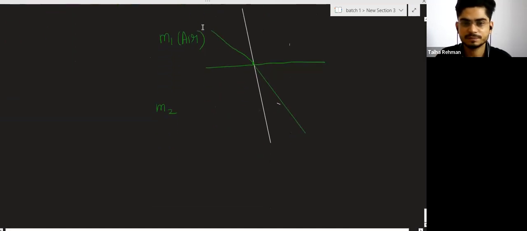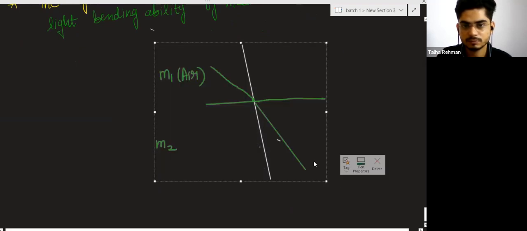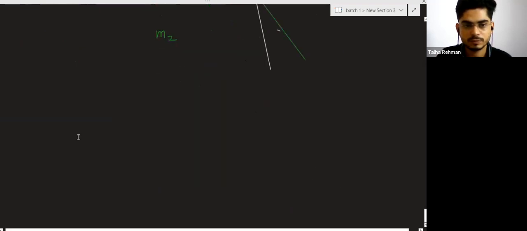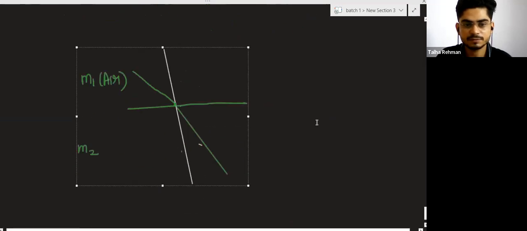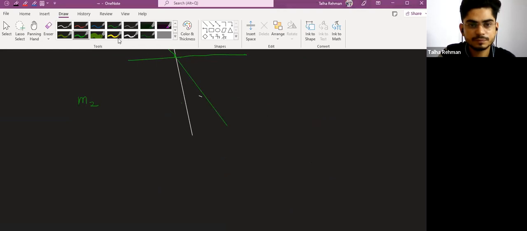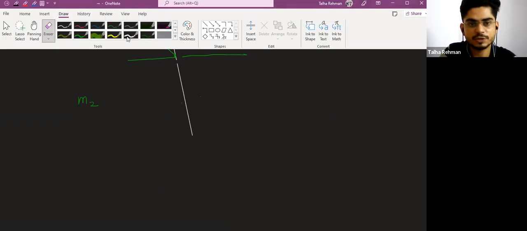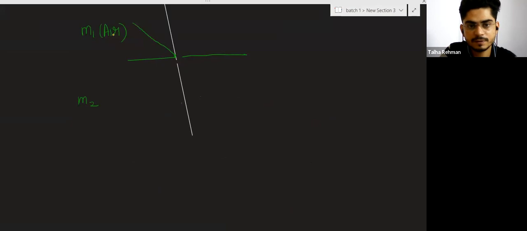But it can also happen that the bending of light is more towards the normal. Suppose again the light is traveling from air to a medium; this is the air, and here is medium 3.